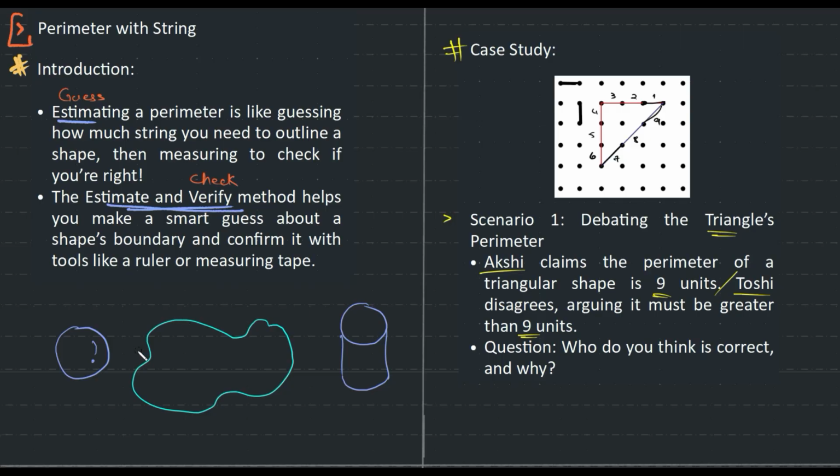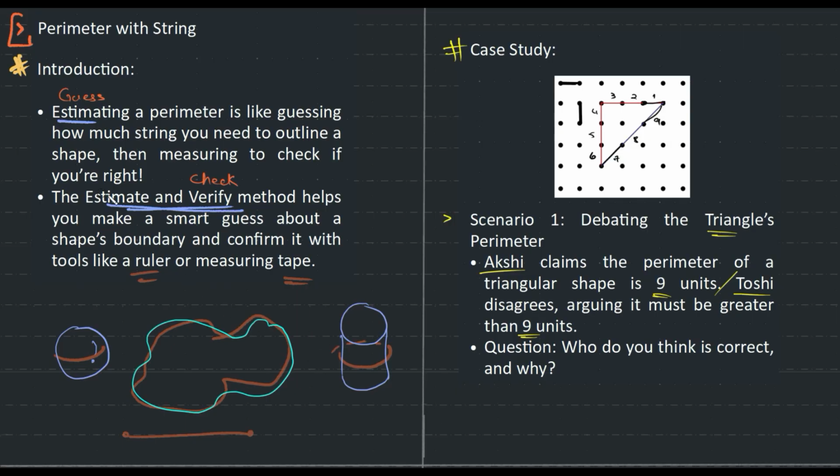That's one of the ways. To do all of this, what do we need? We need to use string. A string always helps. Take a string and measure this, loop it around, and then open the string and use a tape, if not a ruler, to measure the length.